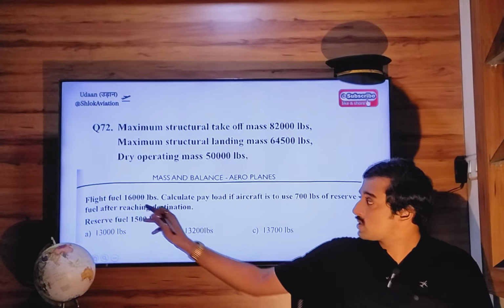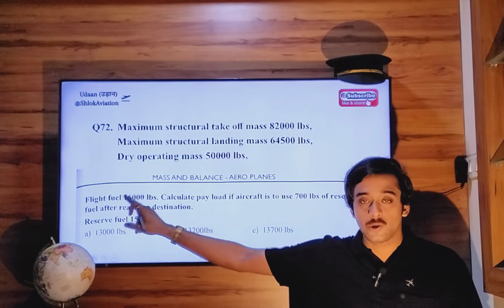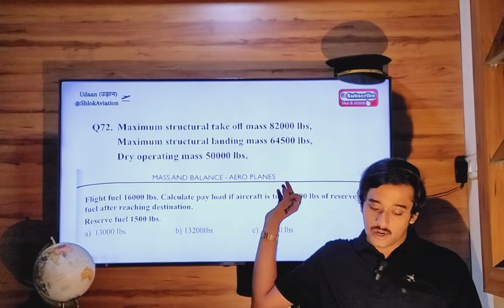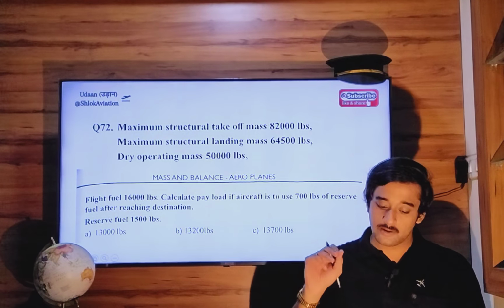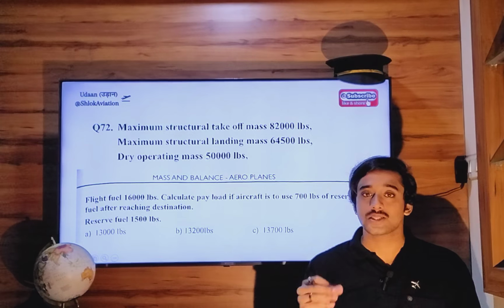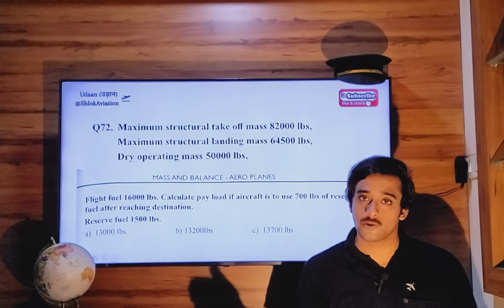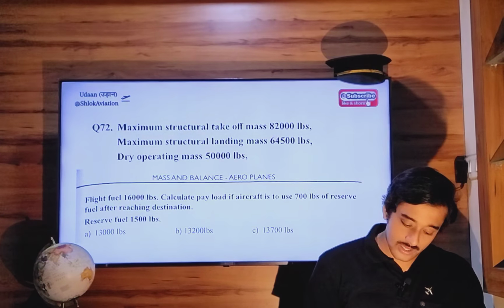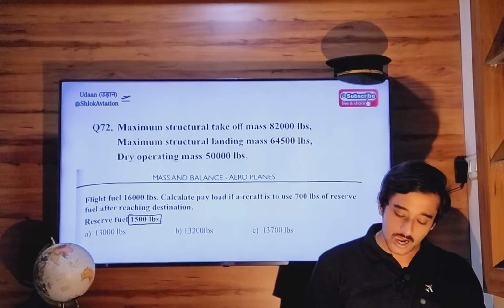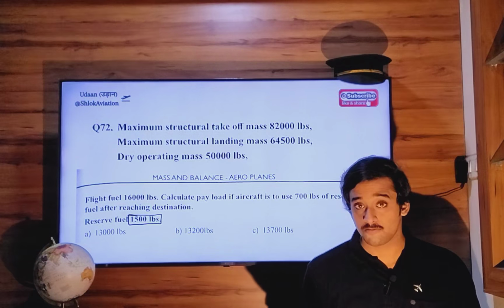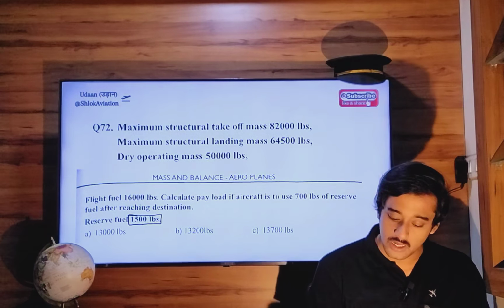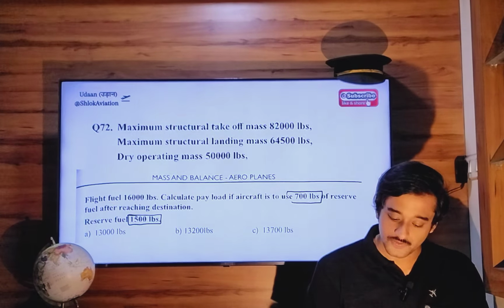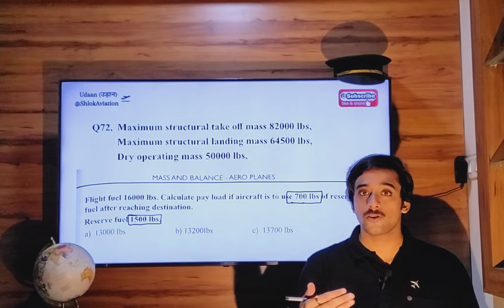So in addition to the 16,000 pounds of flight fuel, you are going to use another 700 pounds of fuel, which is meant for reserve fuel. Now total reserve fuel is 1,500 pounds. Out of this 1,500 pounds, you are going to use 700 pounds for the purpose of your flight.